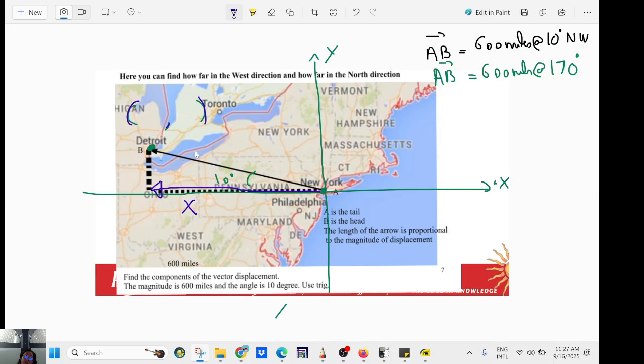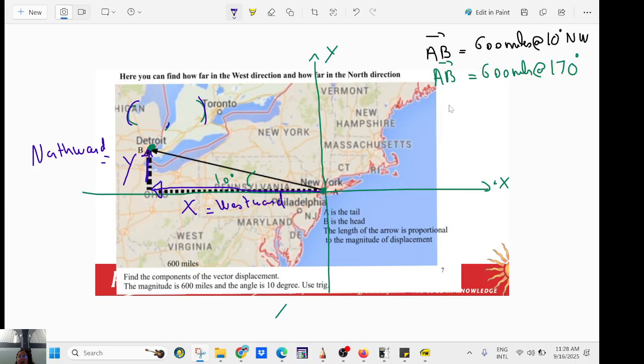So from the tail to the head, you run, and then you rise, you go to the head. From the tail to the head, that will be your y component. That's the x component, which is westward in that case. And that will be north. How far did you get north? How far did you get west?